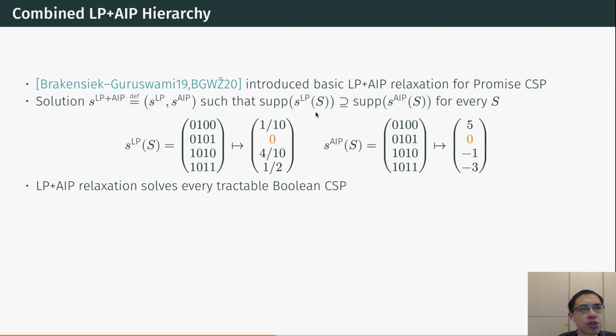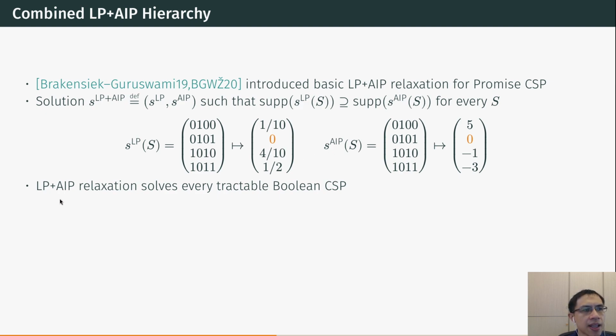We first strengthen every constraint using the support of the LP part, and then we look for an AIP solution to the strengthened constraints. For example, if the LP solution contains this distribution, and if some assignment is outside the support of the distribution, then the AIP solution is forbidden from using this assignment and must assign an integer weight 0 to it.